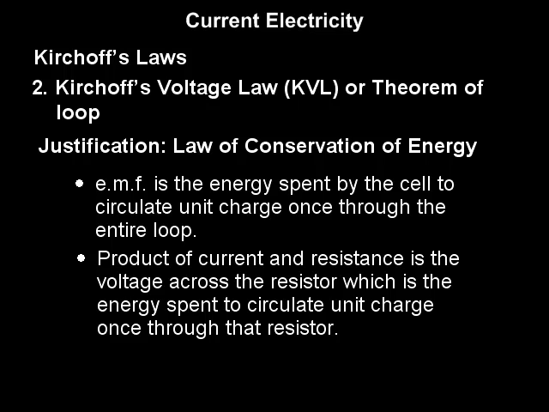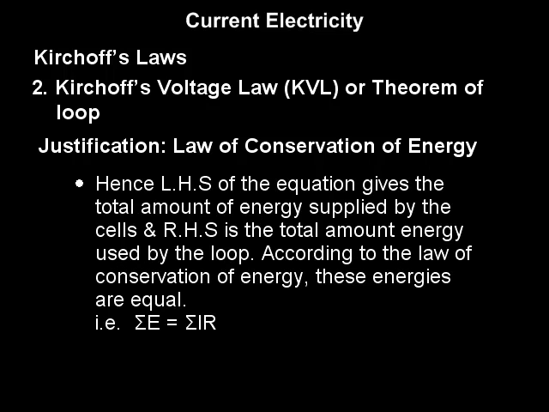Product of current and resistance is the voltage across the resistor, which is the energy spent to circulate unit charge once through that resistor. Hence, LHS of the equation gives total amount of energy supplied by the cells, and RHS is the total amount of energy used by the loop.